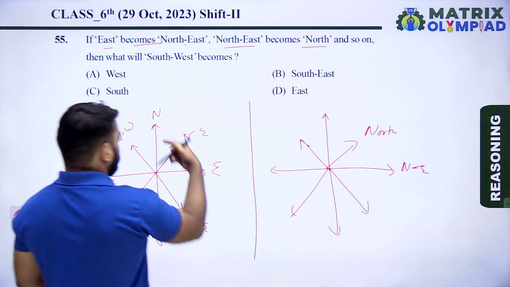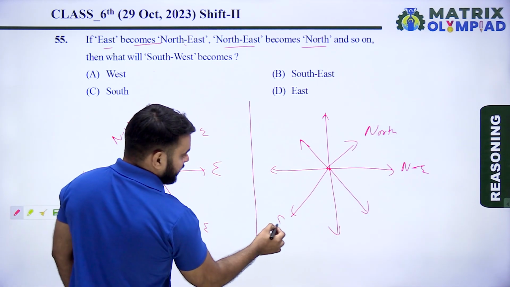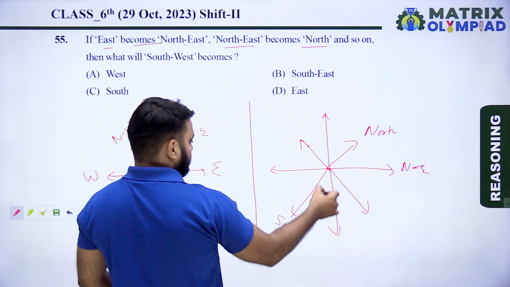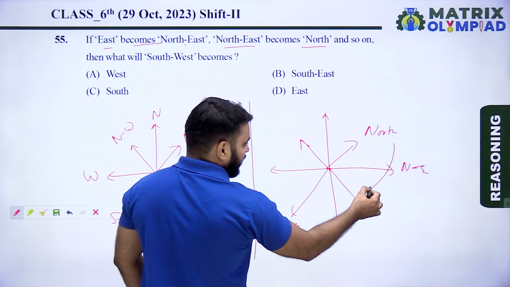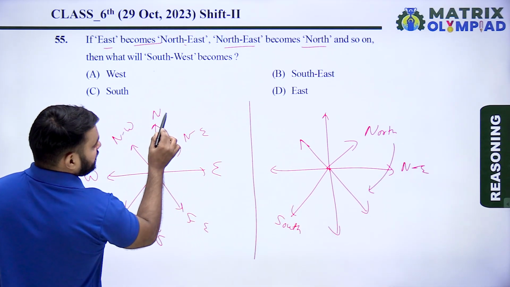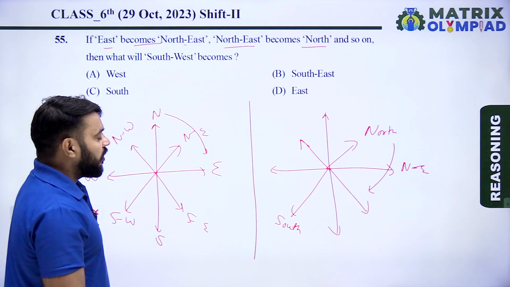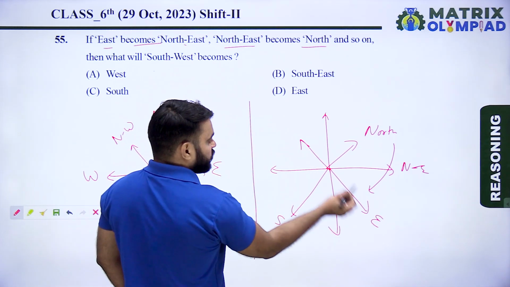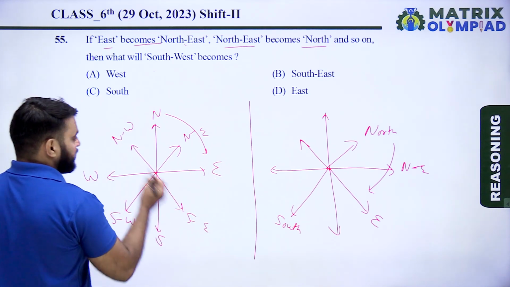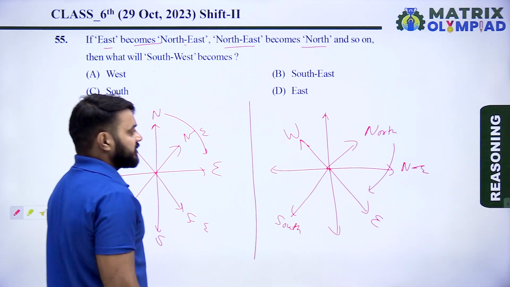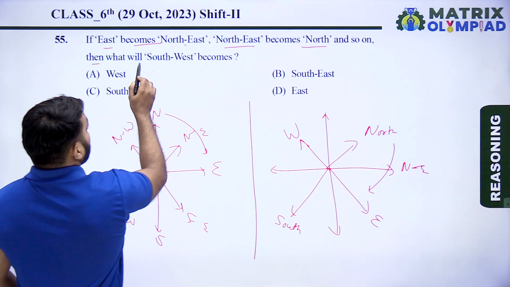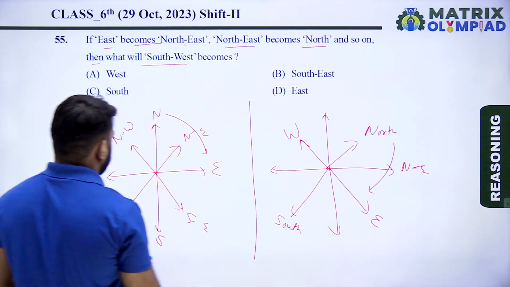So the opposite of north is south. And 90 degrees right of north is east, and the opposite of east is west. So then what will southwest be known as?